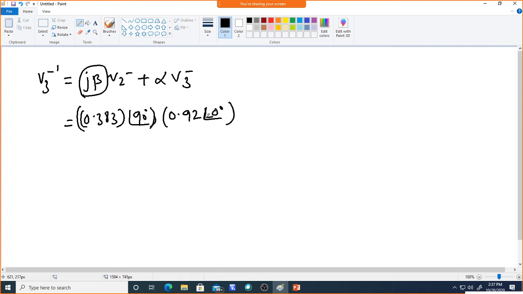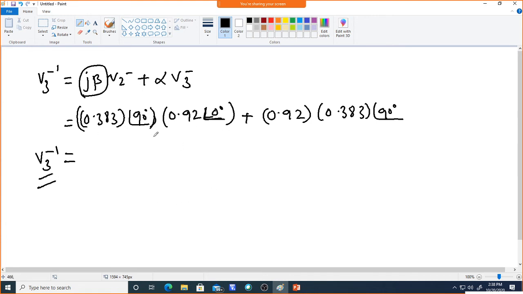Okay, so plus what is alpha, 0.92 and V3 minus, so V3 minus is nothing but 0.383 at an angle 90 degree. So now find out the resultant value of V3 minus, that is V3 minus dash. So now what is the value? Tell me the value of V3 minus dash.